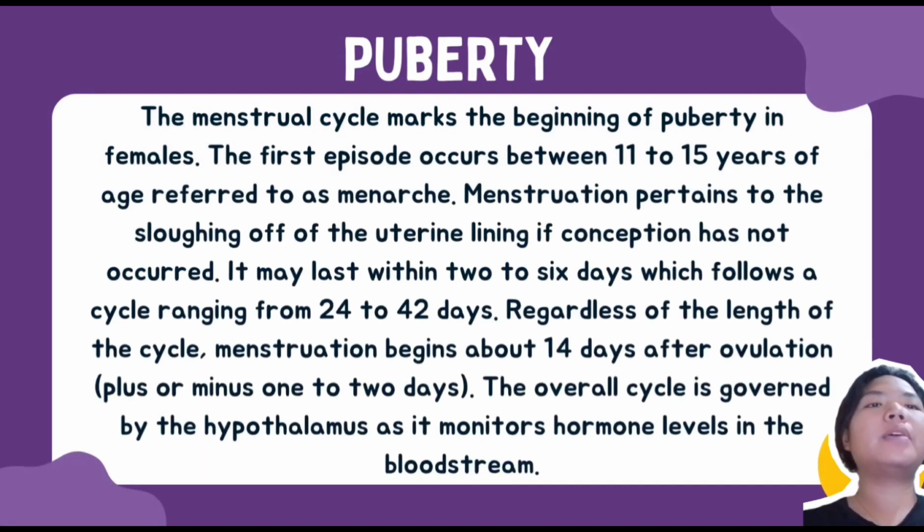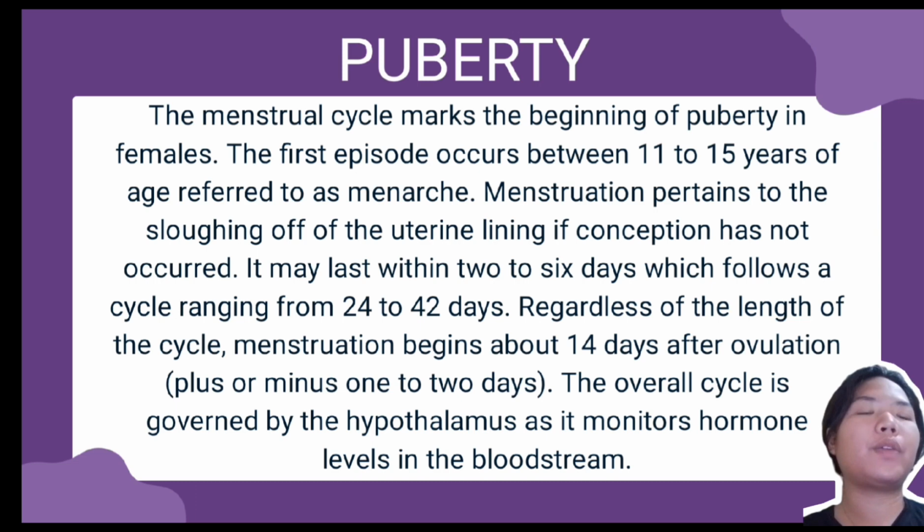The menstrual cycle marks the beginning of puberty in females. The first episode occurs between 11 and 15 years of age, referred to as menarche, and menstruation pertains to the sloughing of the uterine lining if conception has not occurred.